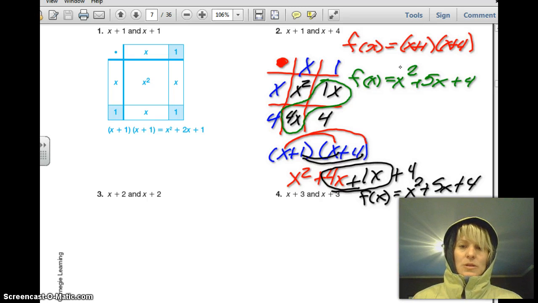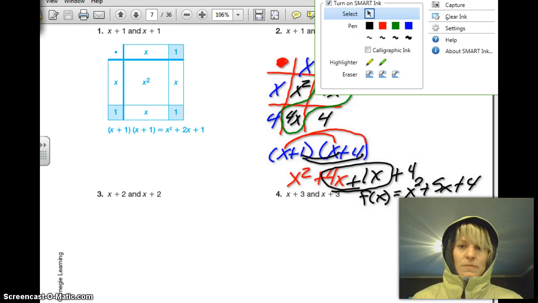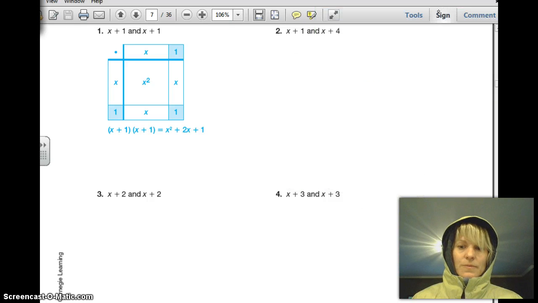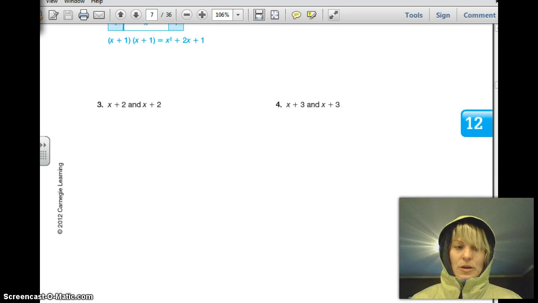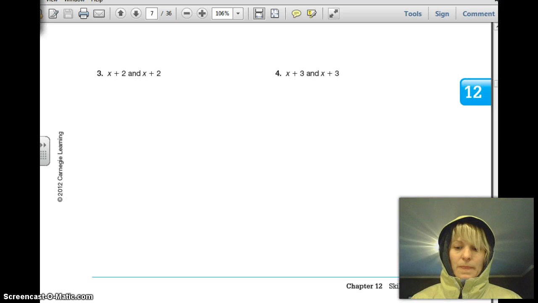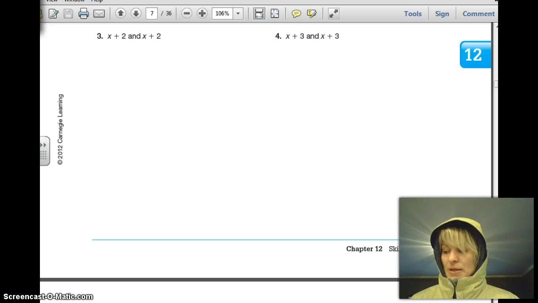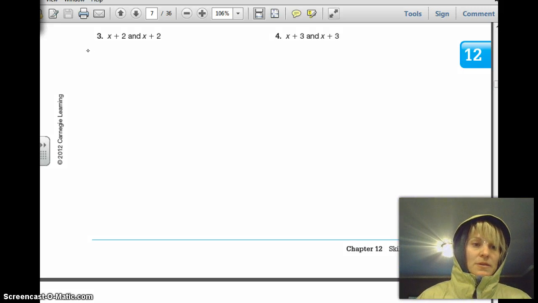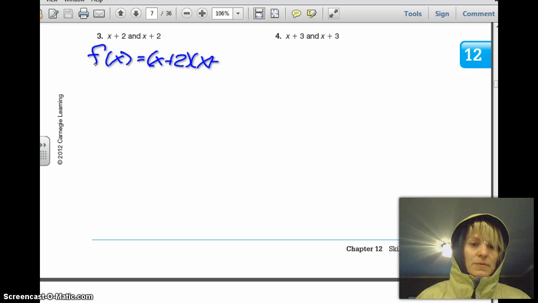Okay, so let's do one more sample problem. Then we'll be done. So let's look at this problem number 3 here. Again, either way, this is f of x equals x plus 2 times x plus 2.